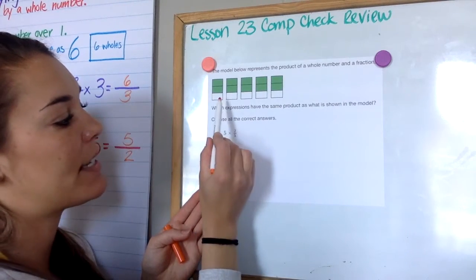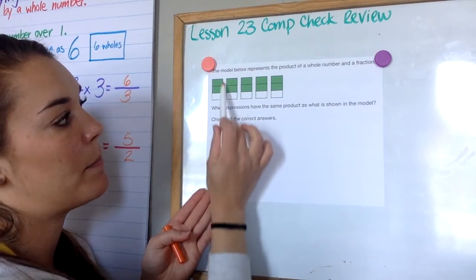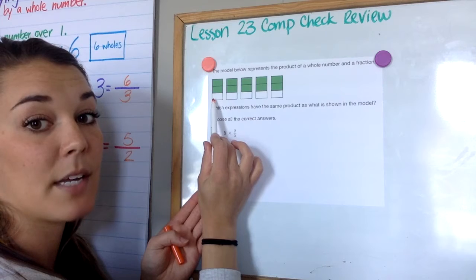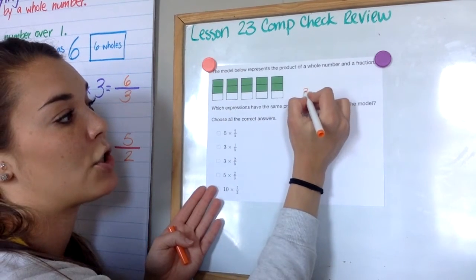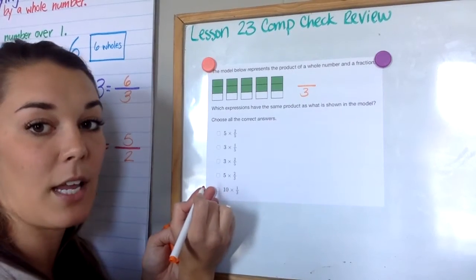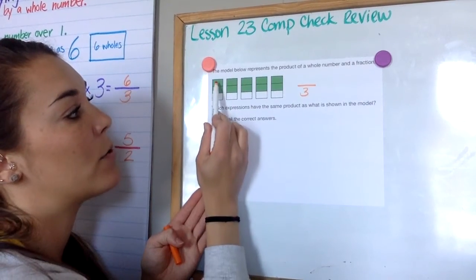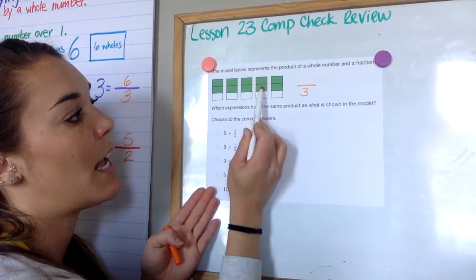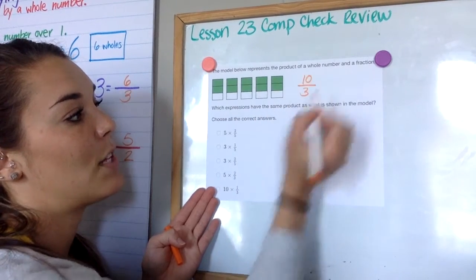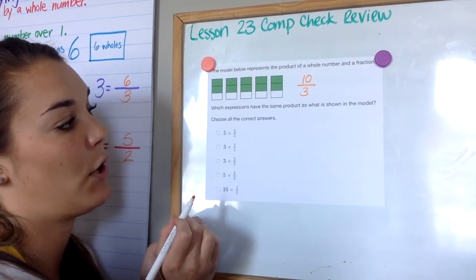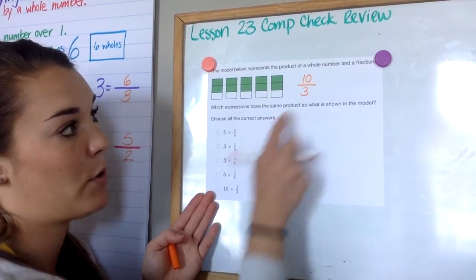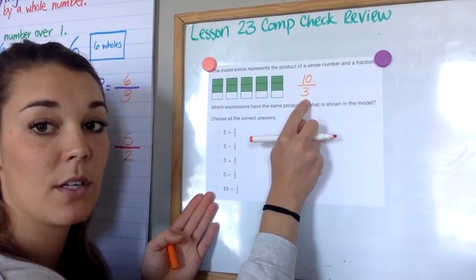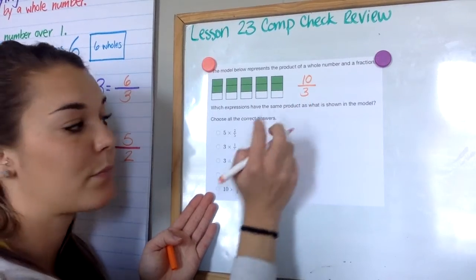Right here, I see that my denominator is going to be 3, because I have 3 equal parts here, and 2 of them are shaded in each. So I'm going to have something over 3, and I'm going to count 2, 4, 6, 8, 10. Okay, so this represents 10/3. So I know that these answers are supposed to be equal to 10/3. So I'm going to try them all out.